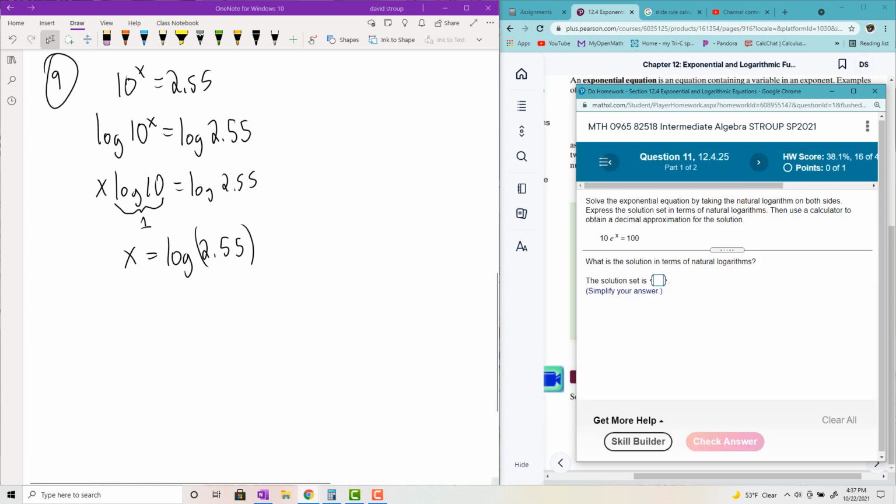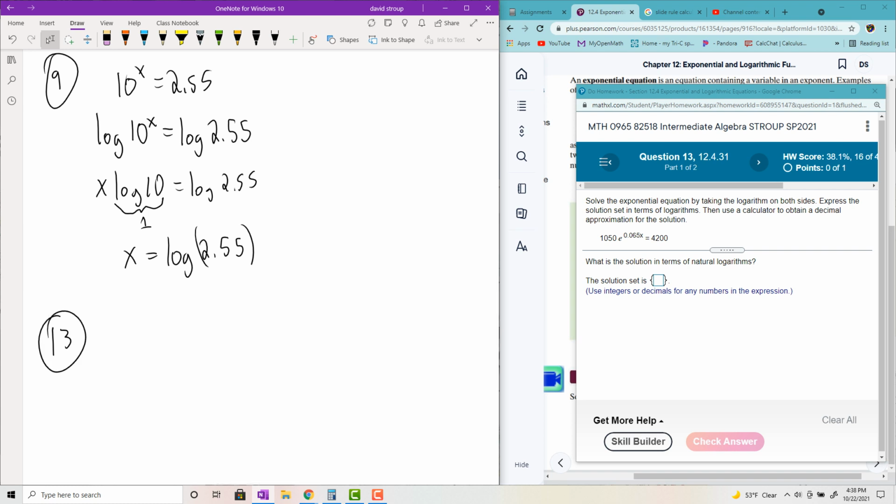All right, so when you have an e as your base, then you're going to want to take natural log on both sides. Sometimes you have to isolate the exponential term before you can do that. So like in number 13, I have a little bit of work to do before I can get down to business. So 105e to the 0.065x equals 4,200.